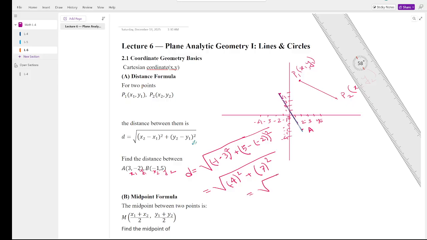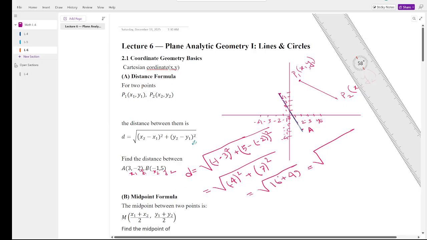That means 16 plus 49. Then we add together, it is 65. The distance between the two points A and B is the square root of 65.